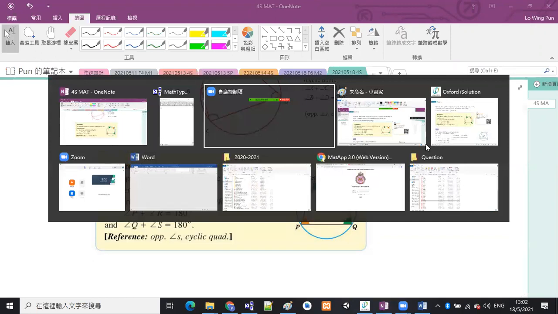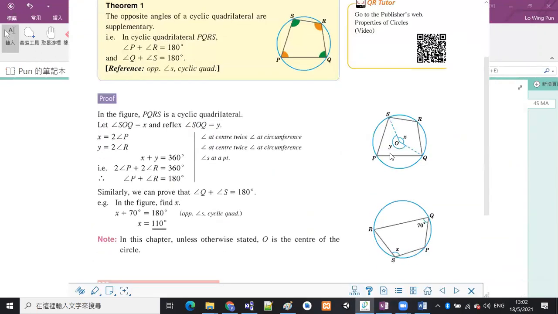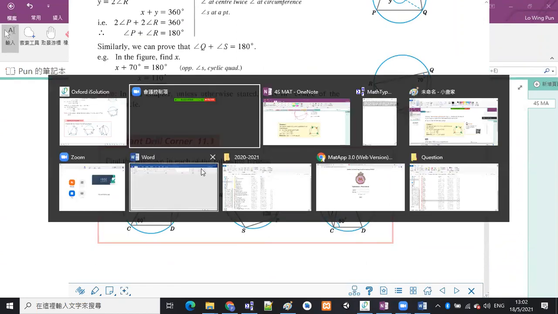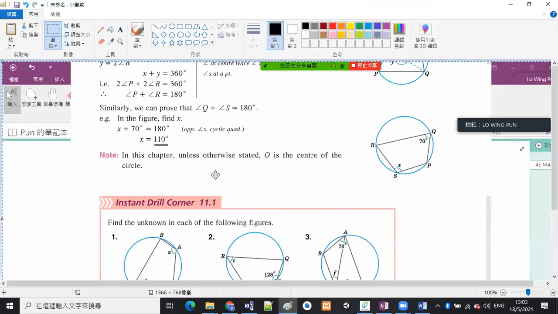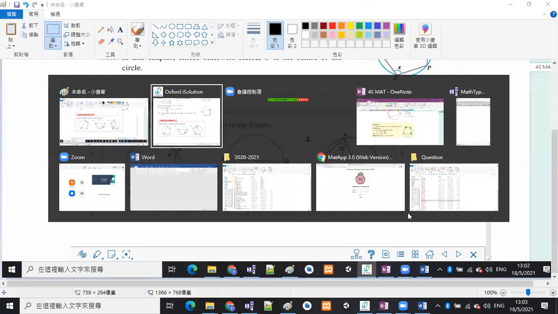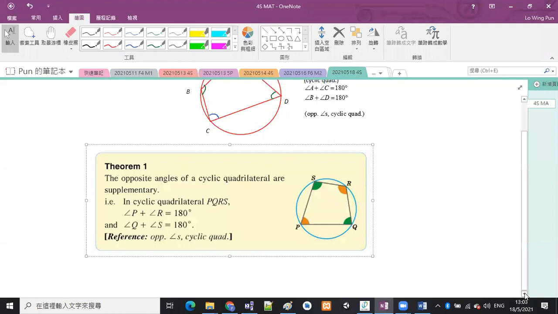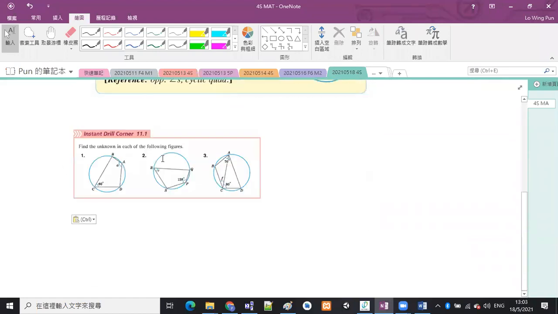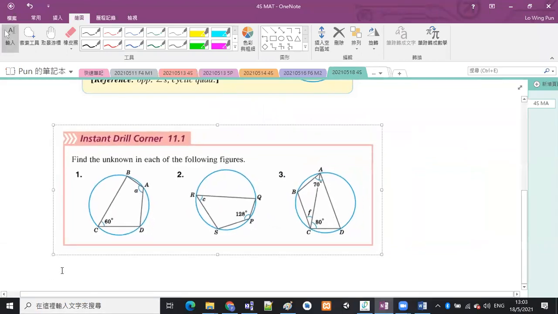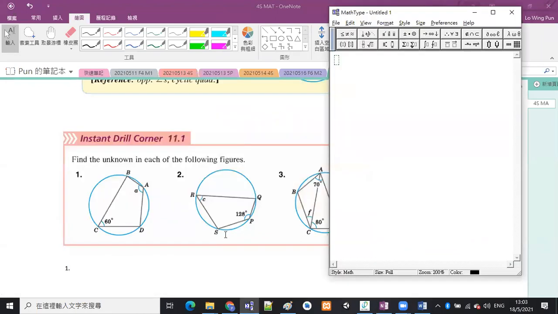So let us read some examples here. Maybe let's do the instant drill together. 好快啫，呢個 instant drill。今日嗰啲題目比較簡單啲，所以我冇擺落 Math App 嗰度，我相信大家都可以做到。Instant drill corner 11.1. ABCD is number one. ABCD is a cyclic quad, so we have the sum of the opposite angles is equal to 180 degrees.